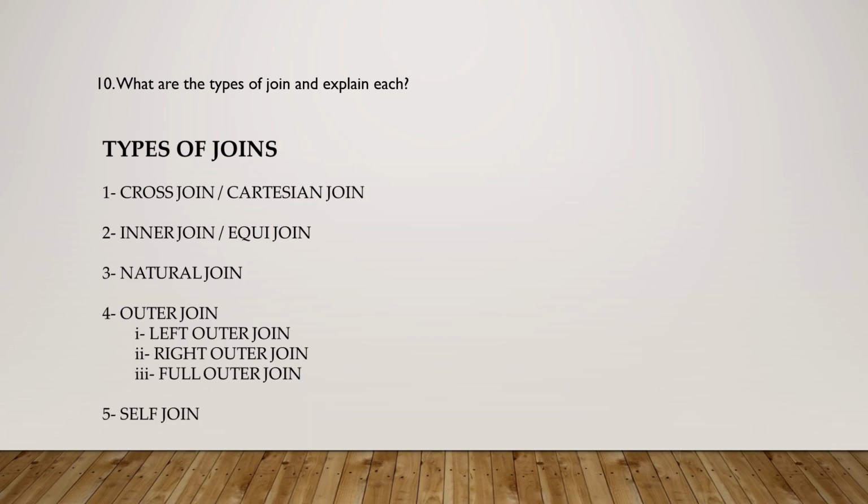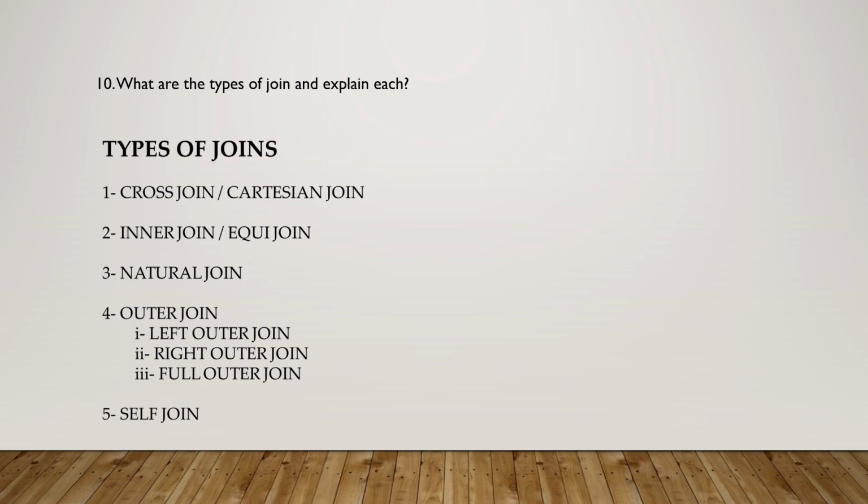Types of joins are cross join or Cartesian join, inner join or equi-join, natural join, outer join, left outer join, right outer join, full outer join, and self join. For detailed information about joins, please do watch my playlist of SQL on joins.